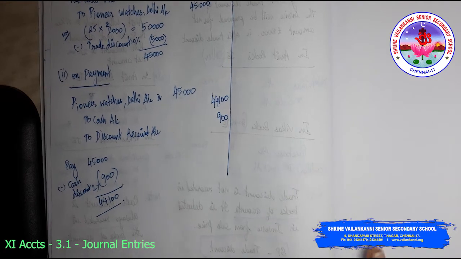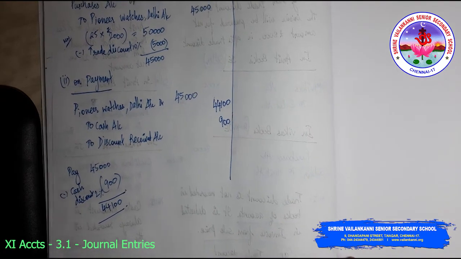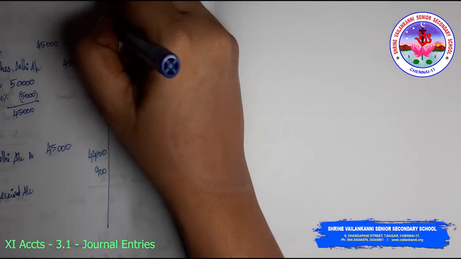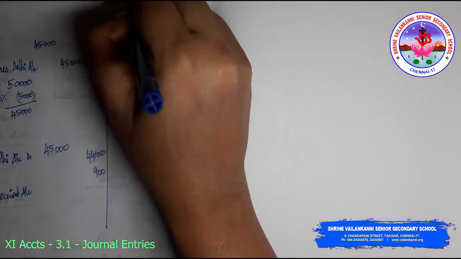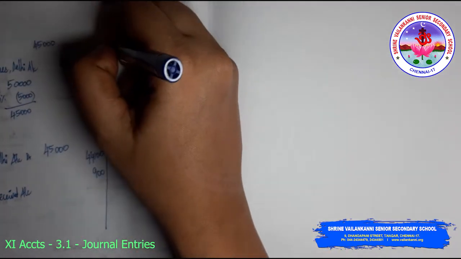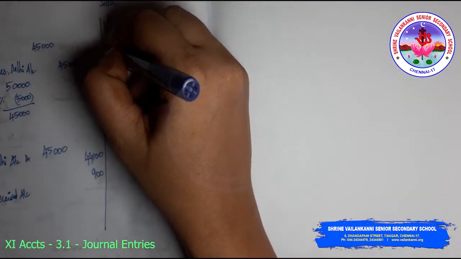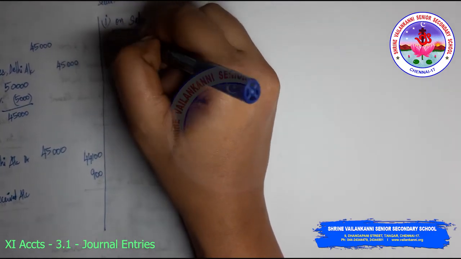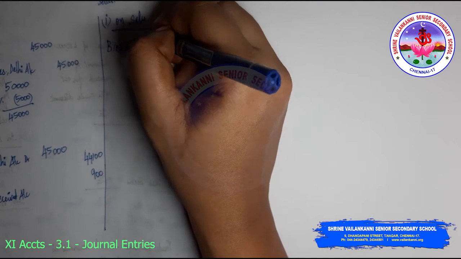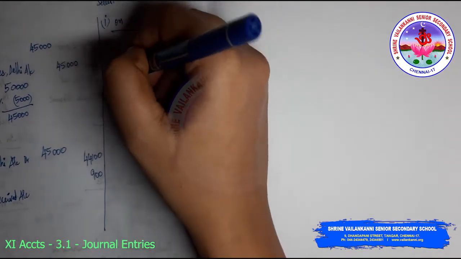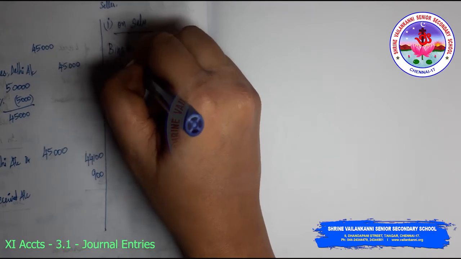Able to understand clearly. Okay. In the books of Pioneer Watches, what we have to do on sales. We have Beena Watch Company, Delhi, debit to sales account.